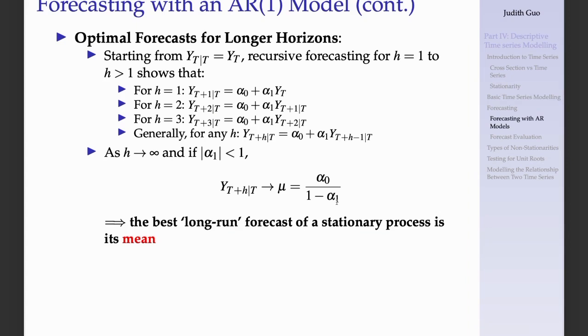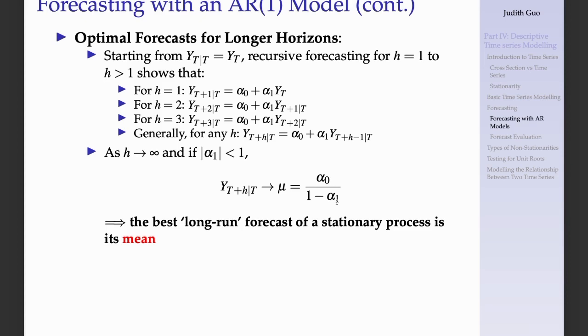So the best long-run forecast of a stationary process is its mean. And this is consistent with the fact that a stationary process exhibits mean reversion. Remember, in one lecture I showed you that in the absence of shocks, the series will just revert back to its long-run mean.